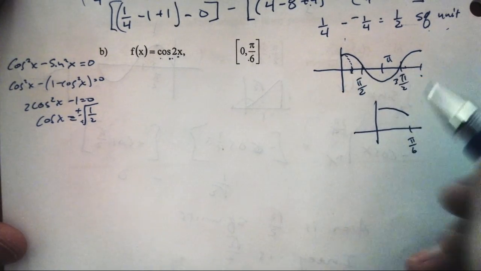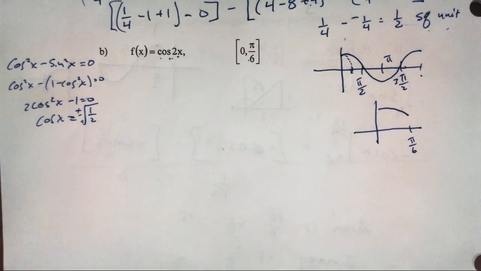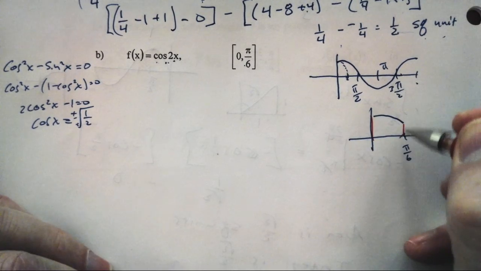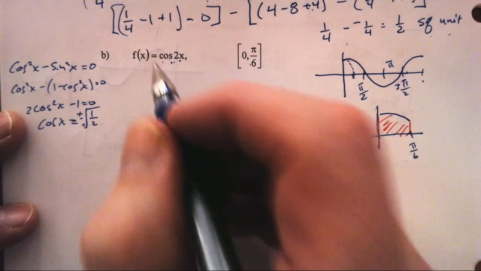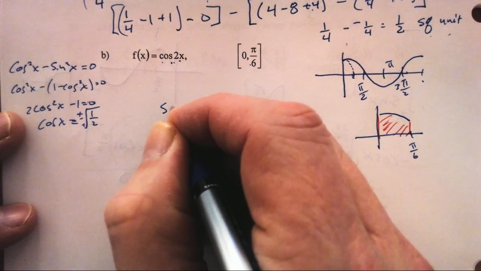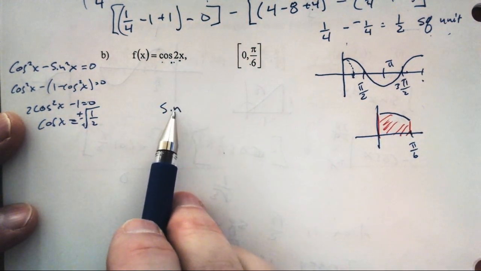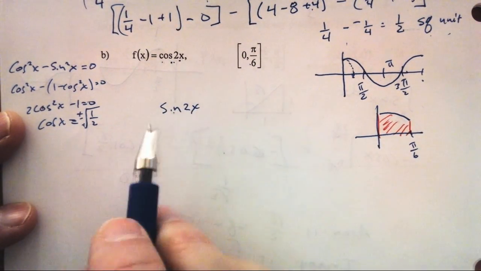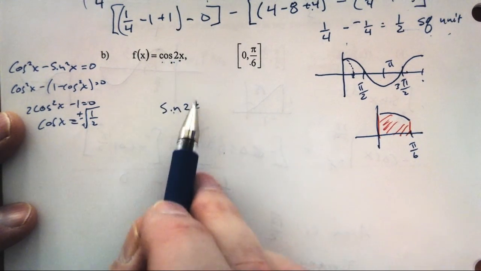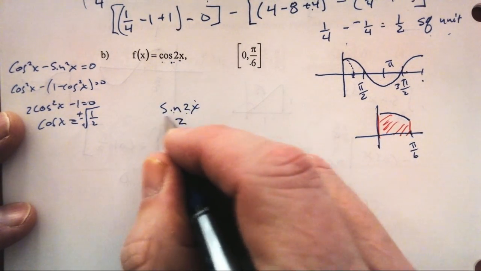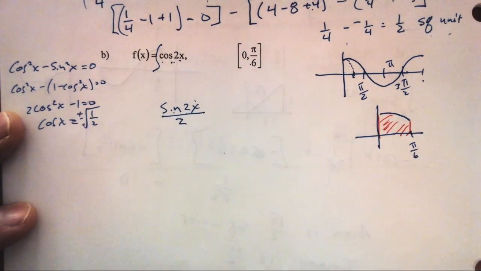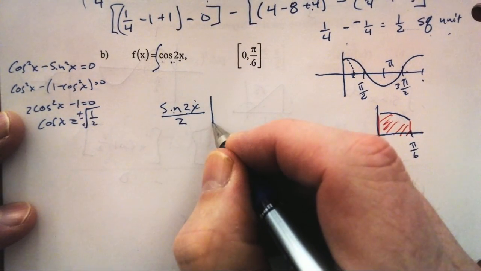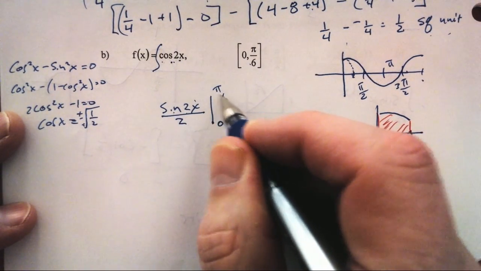That will give us our area. If I define our area, that's right in here, all above the x-axis. Okay, so if I end with cosine, I must have started with sine. The derivative of sine is cosine, so I need sine of 2x, but the derivative of sine of 2x would be cosine of 2x times 2, so I need to cancel the 2, and there is our integral of this, and we are interested in 0 to pi on 6.